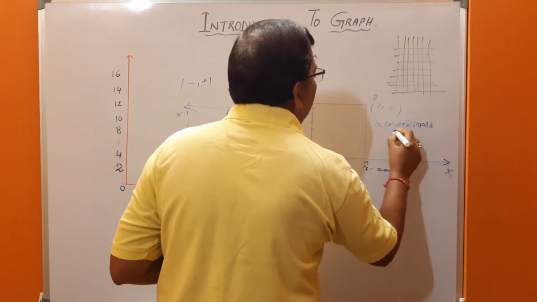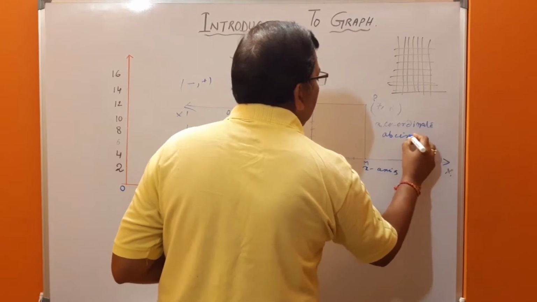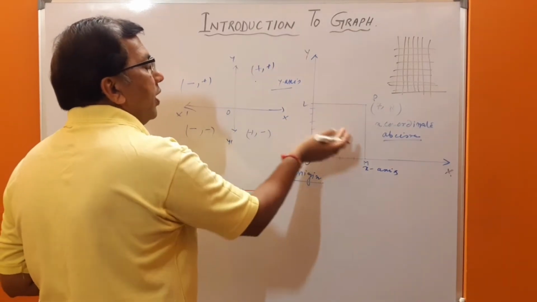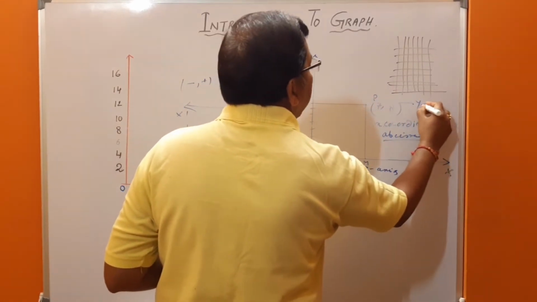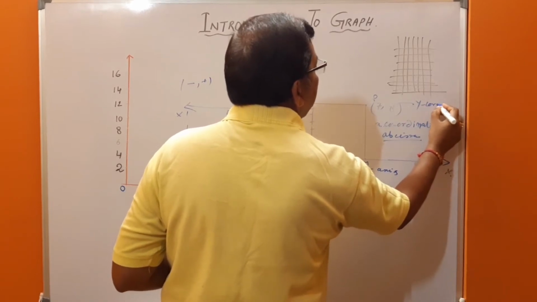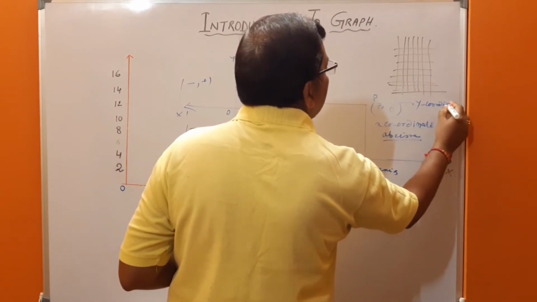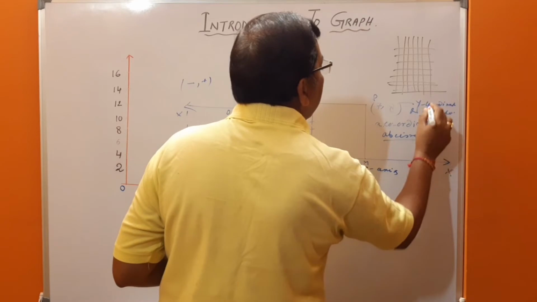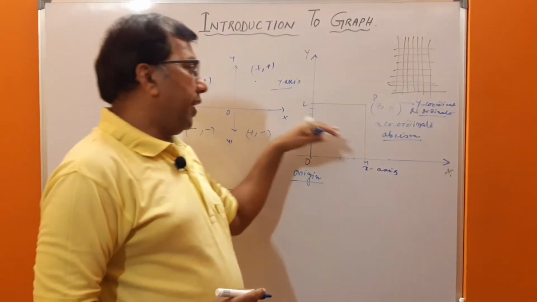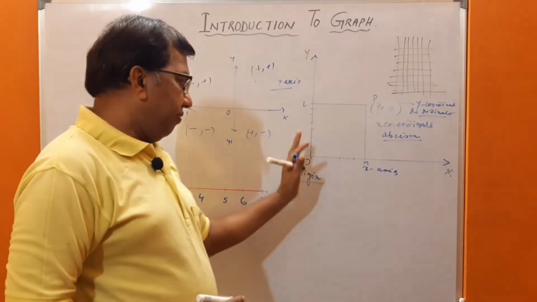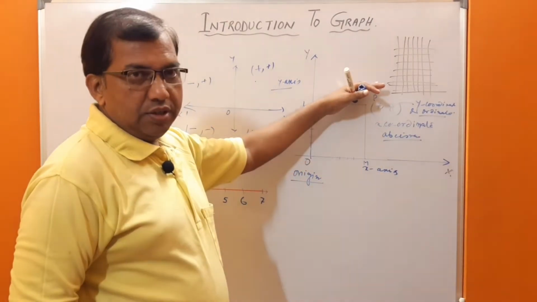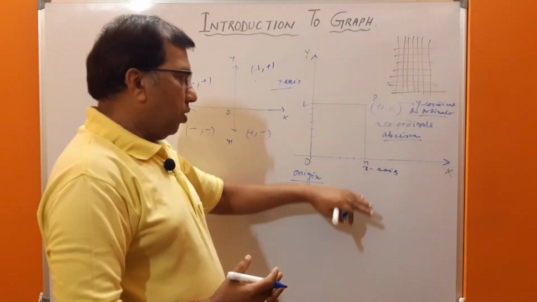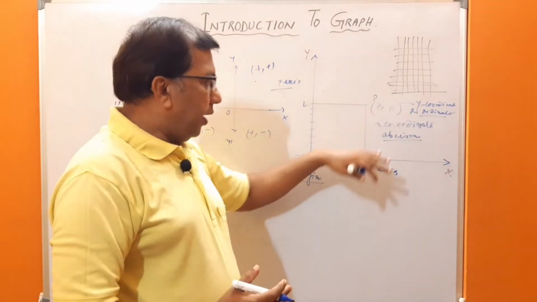And value of y, that is the y coordinate, simply ordinate. This is the x coordinate or abscissa. The first abscissa, then ordinate. Together, the ordered pair. This is the ordered pair, abscissa and ordinate, x and y.